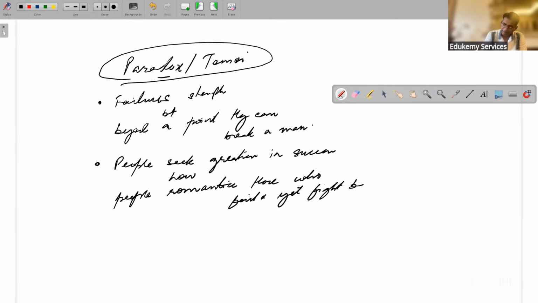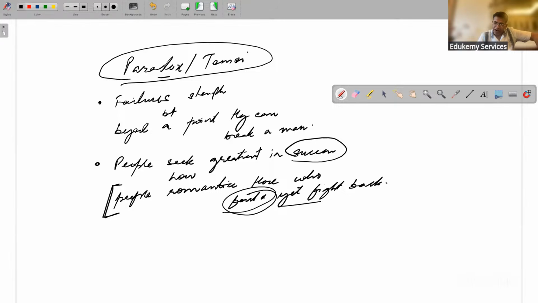This is not a paradox. We think that the people who are respected the most, who are probably revered the most, are successful people. But look at where the romantic notions are. The romantic notions are about people who keep failing and yet fighting back.